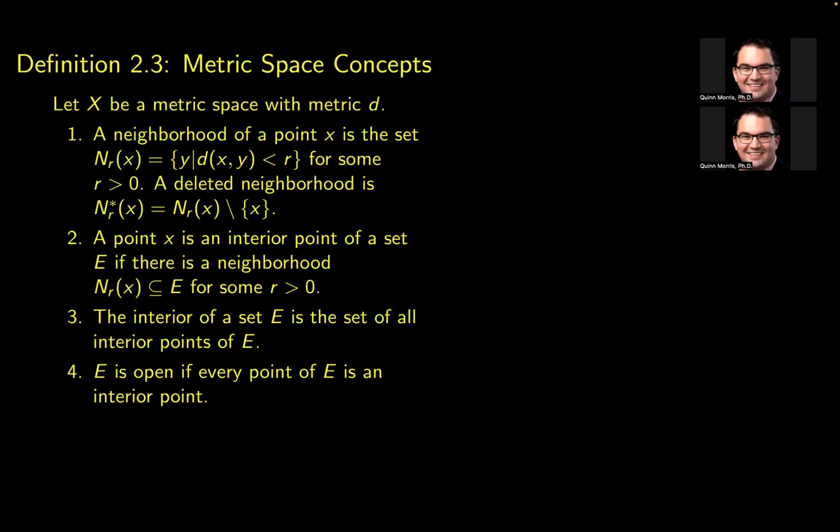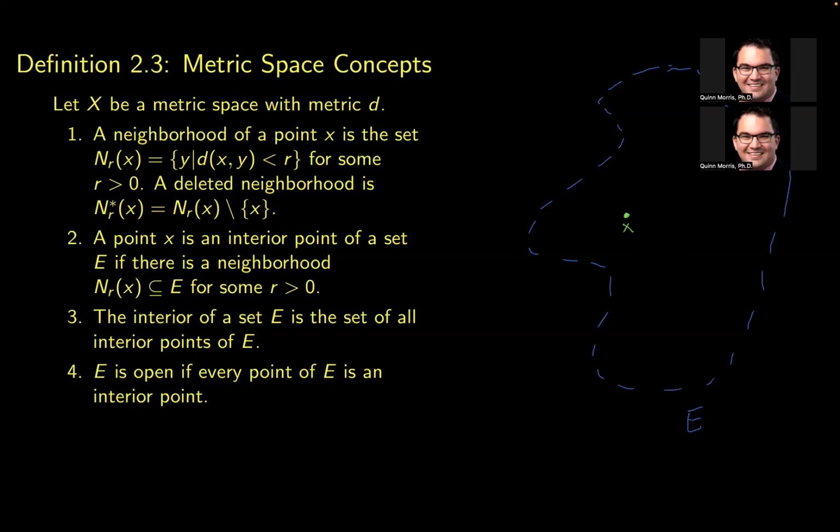So imagine I have some set E. Here in blue, let's say this whole thing is my set E. And I have some point sitting inside here, X. And I want to know, is X an interior point?